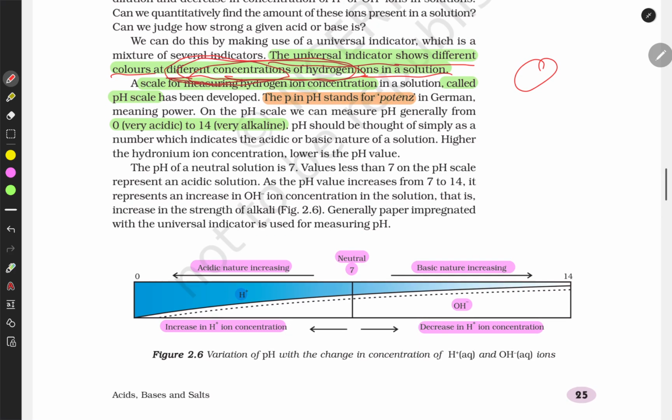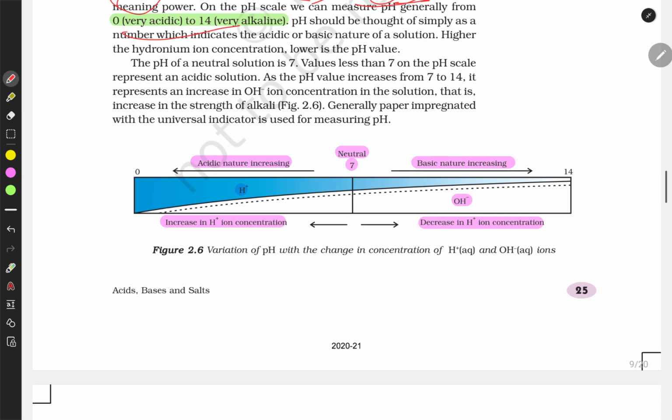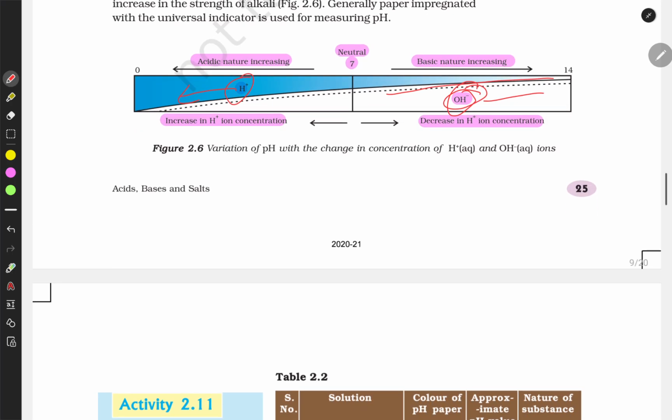So there is a measuring scale for hydrogen ion, called the pH scale. pH means potential of hydrogen, or power of hydrogen. If a solution contains more hydrogen ions, it will be more acidic, and the more OH- ions a solution has, the more basic it is.